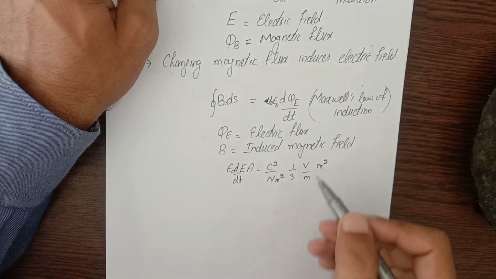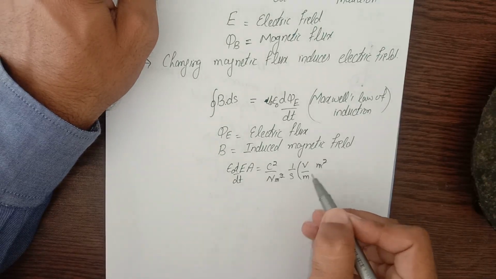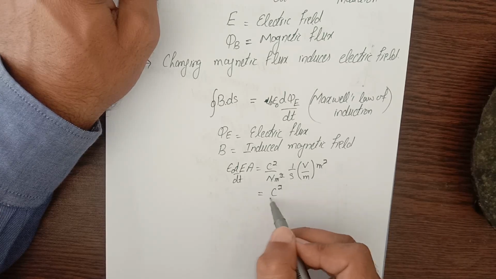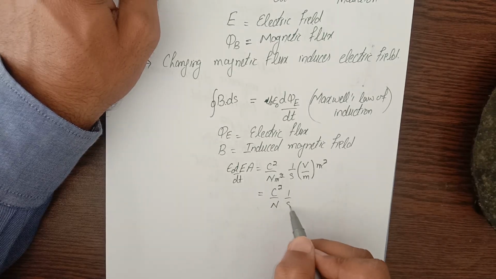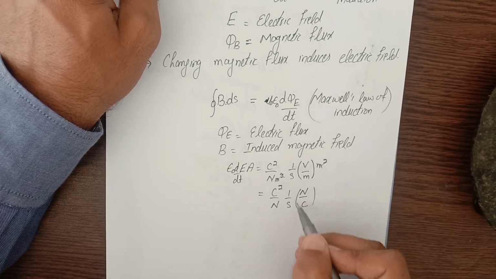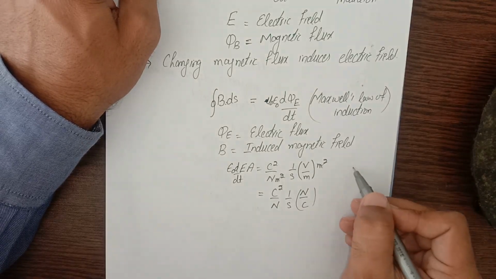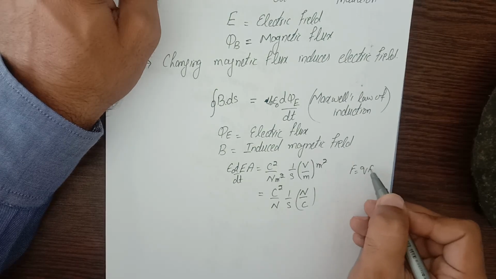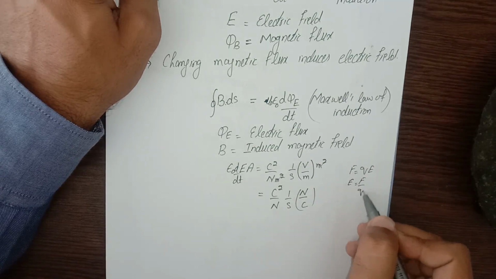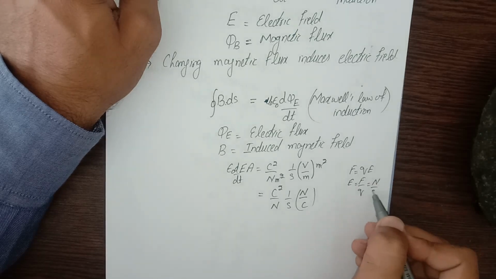If I represent this E rather than volt per meter in the form of Newton per Coulomb, this is another form because F is equal to QE, and we can say that E is equal to F over Q, that would be Newton per Coulomb.